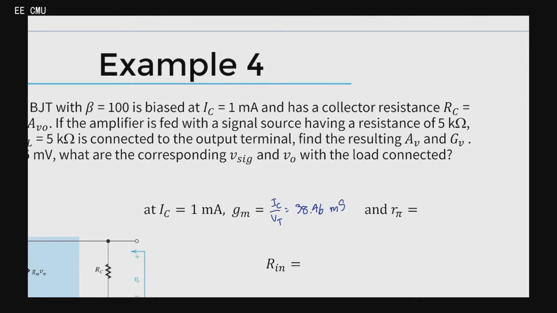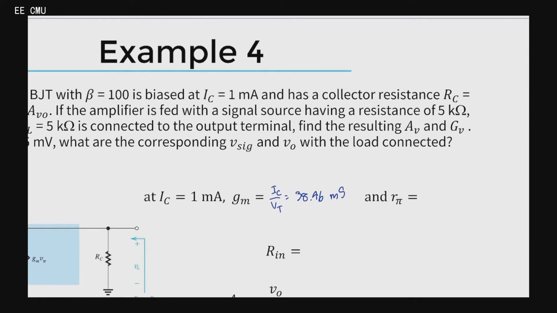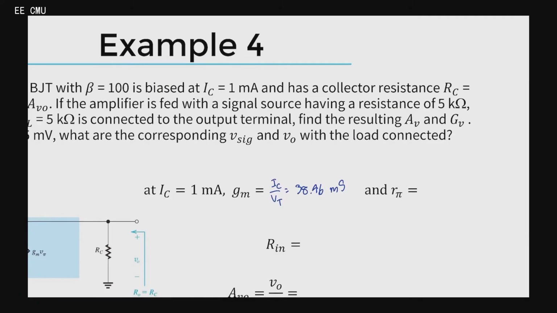What about RPI? Well, RPI, as you might remember from our previous discussions, is simply defined as VT divided by IB. That is the standard formula, right? This expression can be broken down into VT divided by IC over beta, or alternatively, it is equal to beta divided by GM. Now, we already know the value of beta, right? If we assume the current is this specific value, then the equation simplifies to 100 divided by GM.